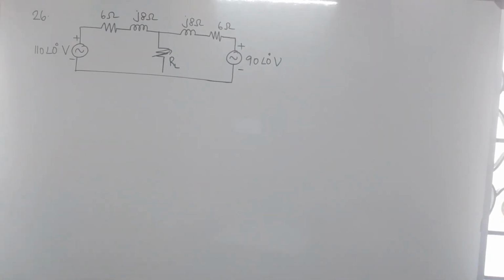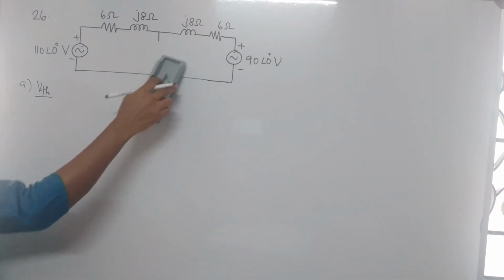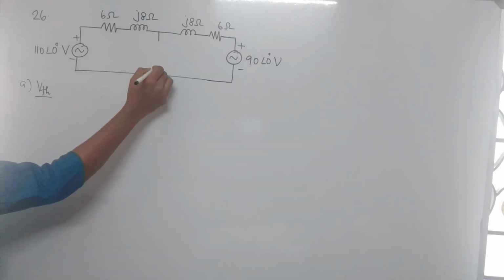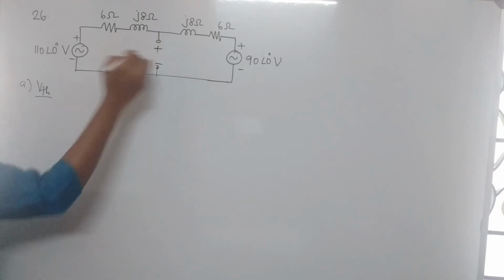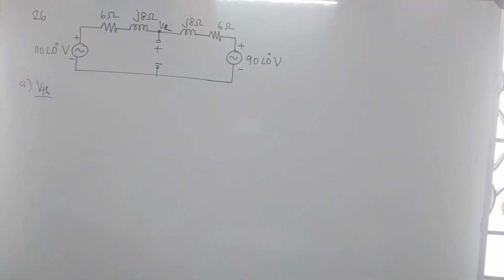Next question. Find maximum power transferred. So here the load is given. So first we'll find out VTH. For that you have to open circuit this. The voltage at this node can be written as VTH.